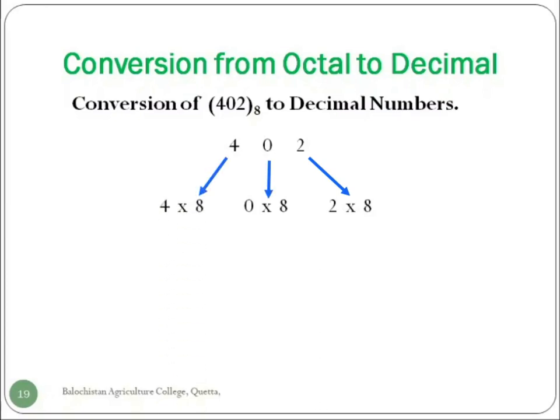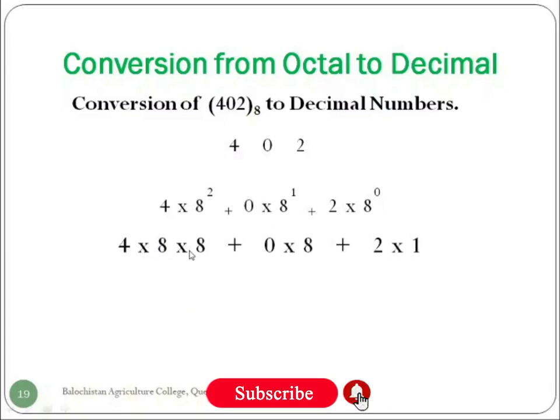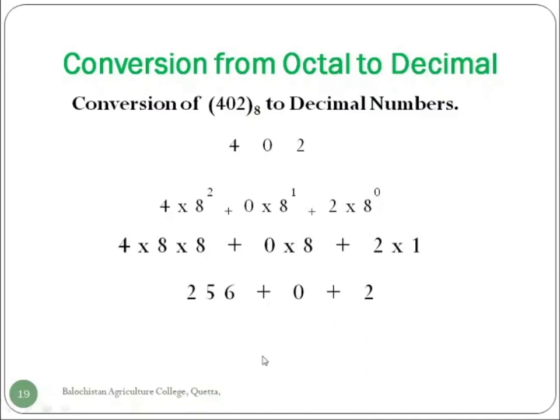The second step is to put a power on 8 starting from 0: 8 raised to the power 0, 8 raised to the power 1, 8 raised to the power 2. The third and final step is to add all these numbers together. 2 multiplied by 1, 0 multiplied by 8, 4 multiplied by 8 multiplied by 8. After calculating these, we get 256 plus 0 plus 2, and the final answer is 258.